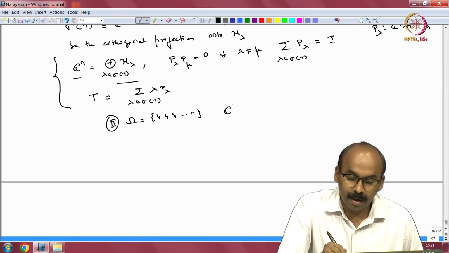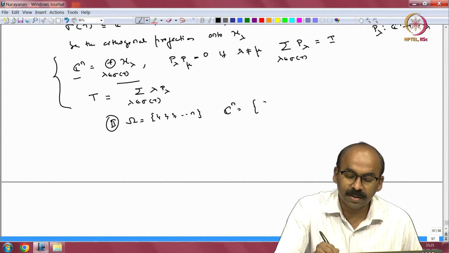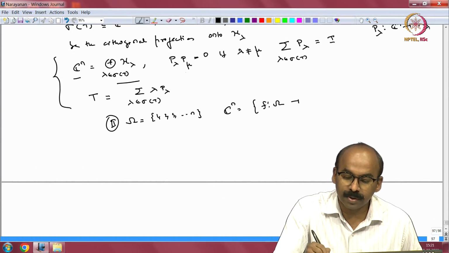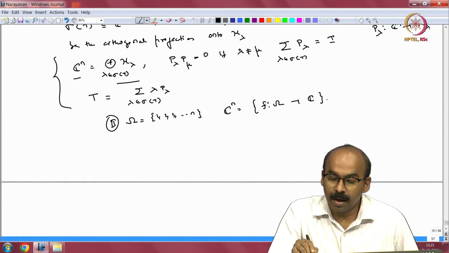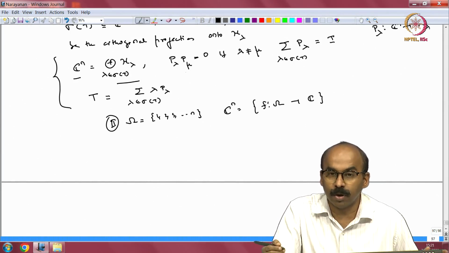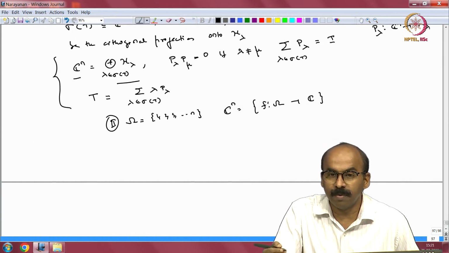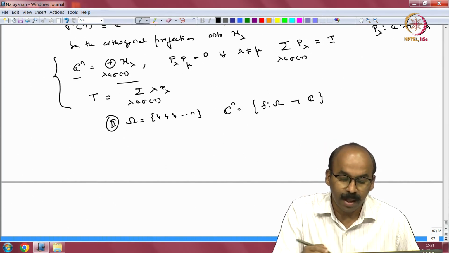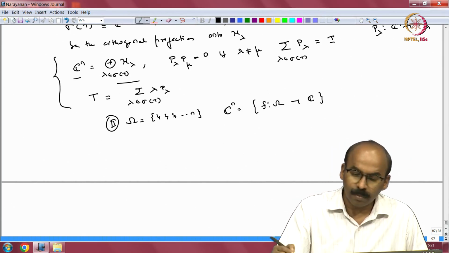Then the space Cn can be viewed as all functions from omega to C, right, because f is determined by what happens to f1, f2, f3 up to fn. So, you think of that as coordinates f1, f2 up to fn, you get a point in Cn, and any point in Cn can be viewed as a function from this set 1, 2, 3 up to n to the complex numbers. Okay.